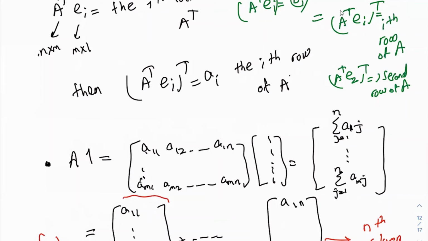Now, what if the vector x is the one vector? Remember, we defined the one vector as a vector whose elements are all one.